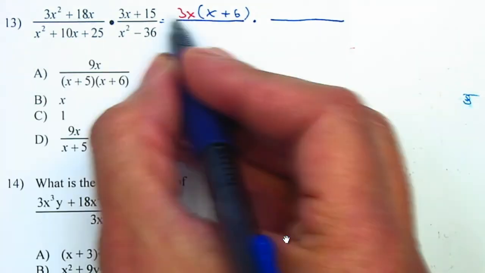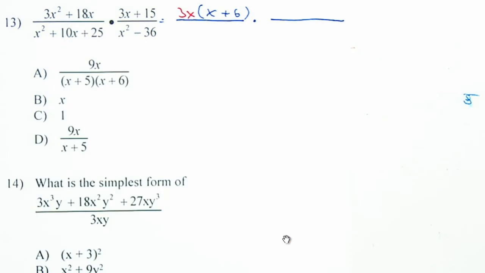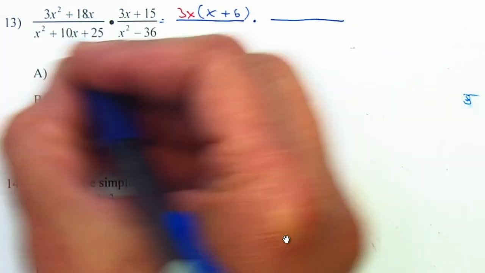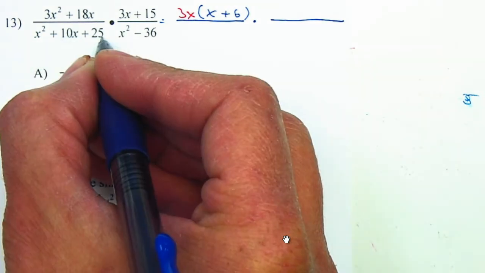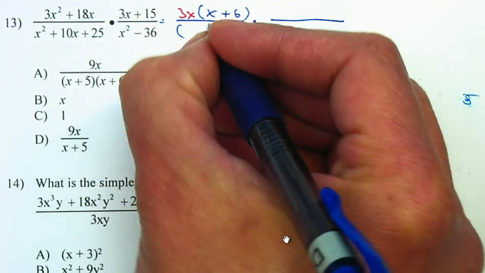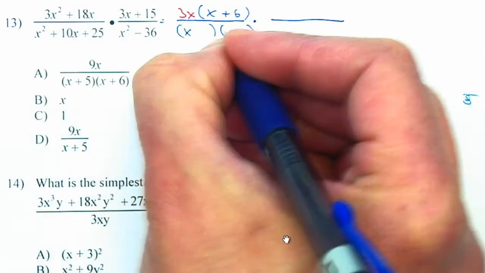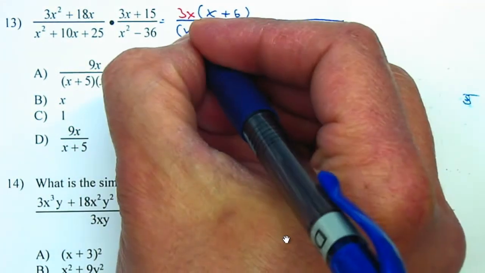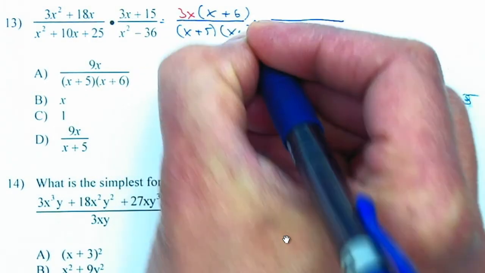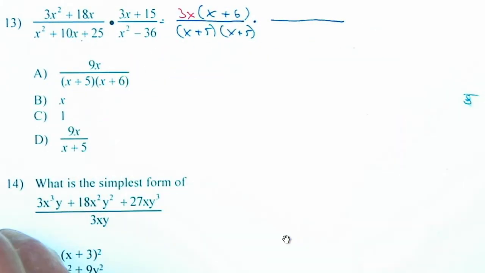3x squared plus 18x. On the denominator, is there a number that divides 1, 10, and 25? No. Do they all have an x? No. Double parenthesis, so it'll be x and x, and we have a positive 5 on both. Factors of 25 are 5 and 5.